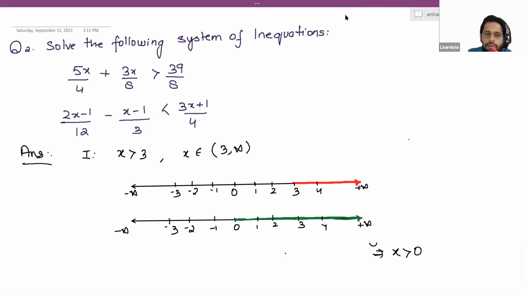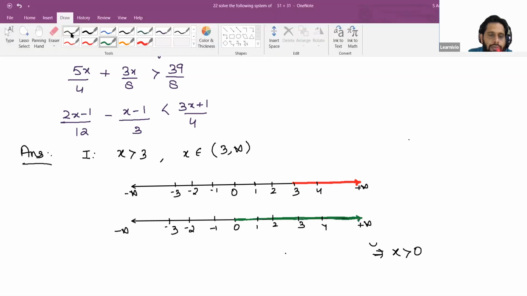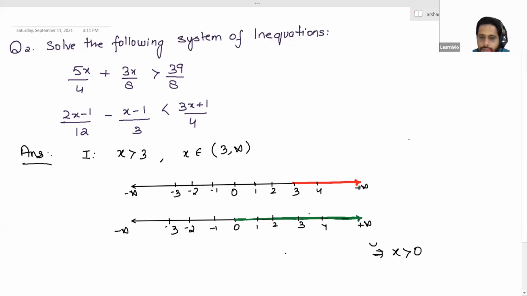Okay. Now, Joan, can you tell me what is the common solution in this? 3 and 4. Not only 3 and 4, this completes up to infinite. Very good. Okay, so what is our final answer? X belongs to, okay, I just made a mistake.